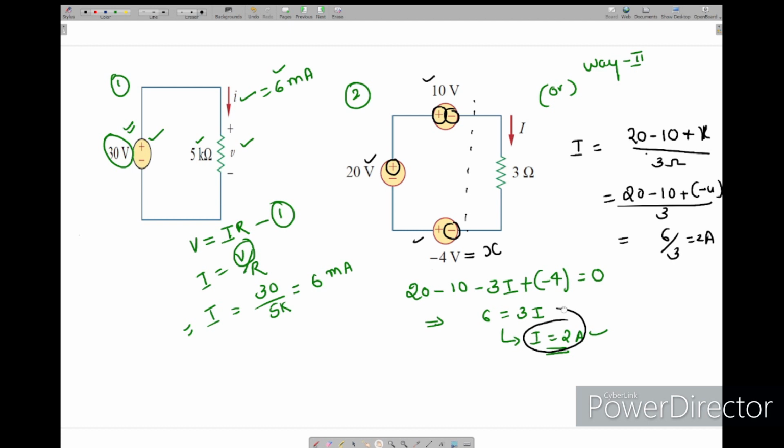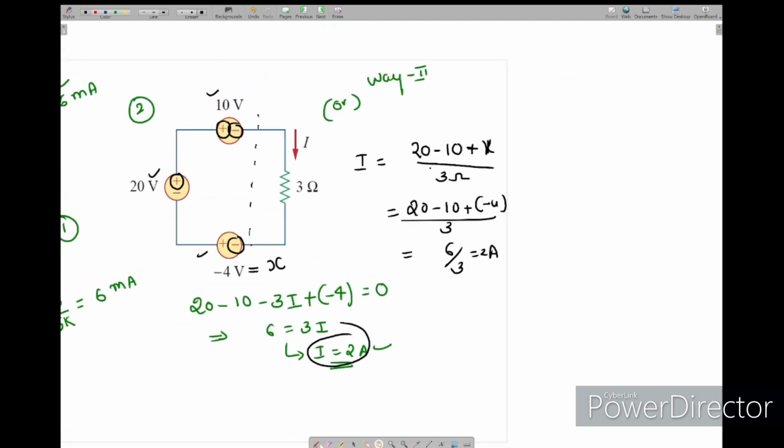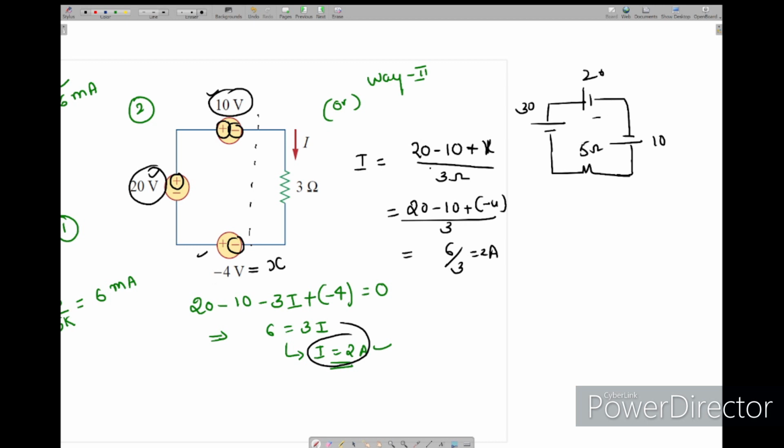Here the only thing is, while you are directly writing the sum of all these voltage sources, you should take care of sign. Means if it is like this, see, I will take 10, 20 and 30. This is 5 ohm, this is I. So here we can write I directly.